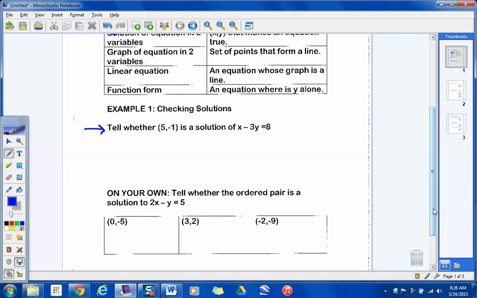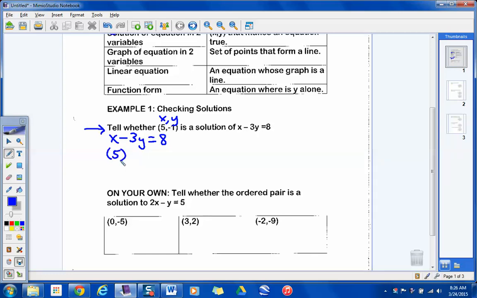We have this ordered pair 5, -1, written in the form of x, y. So what this is really telling us to do is take 5 and plug it in for which variable? X. And take -1 and plug it in for what? Y. So yesterday we said, in for x in this x minus 3y equals 8, we're going to plug 5 in for x, right, guys?